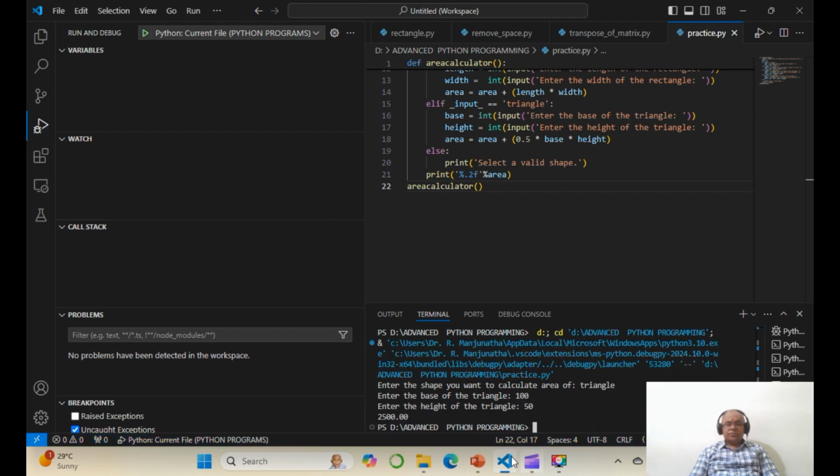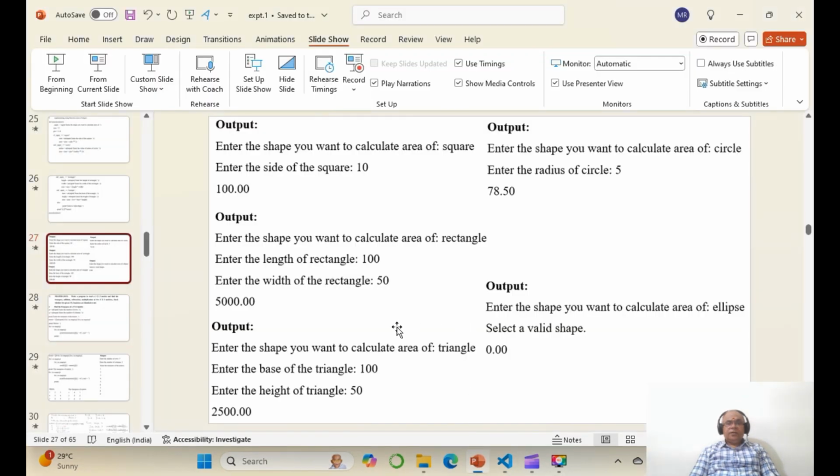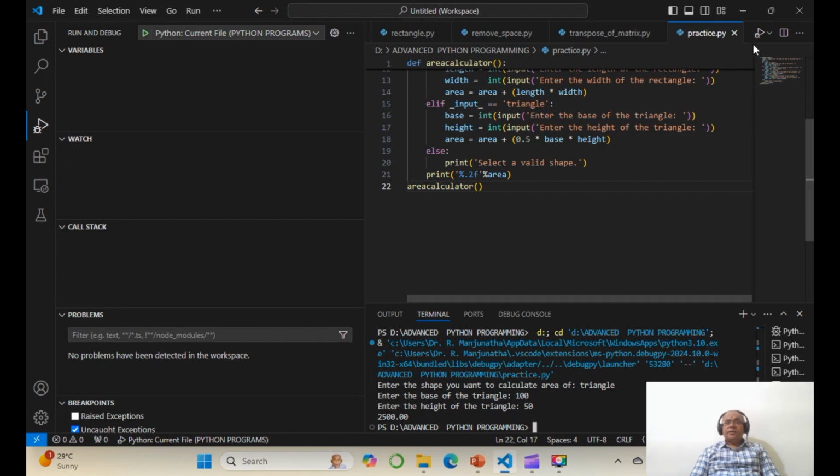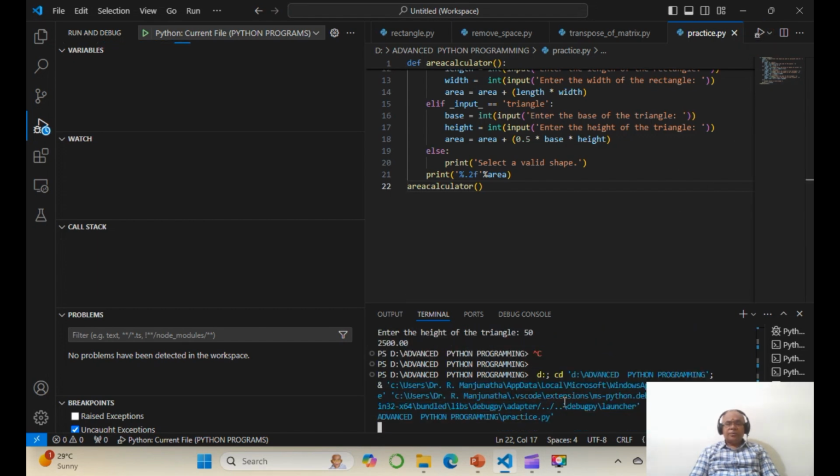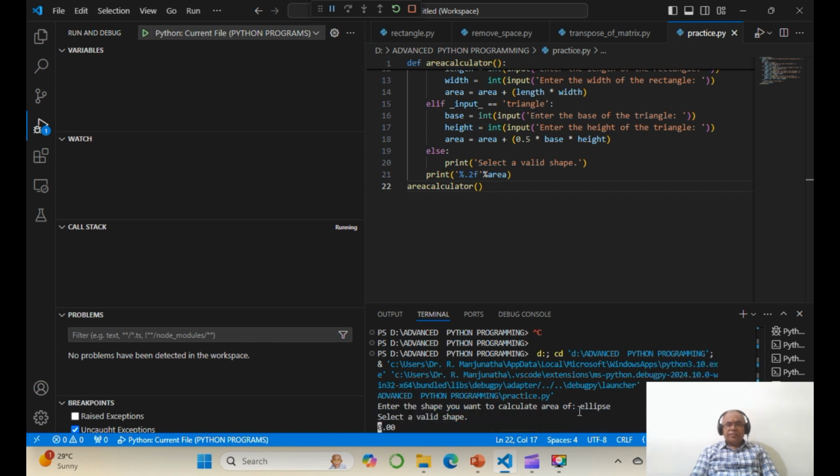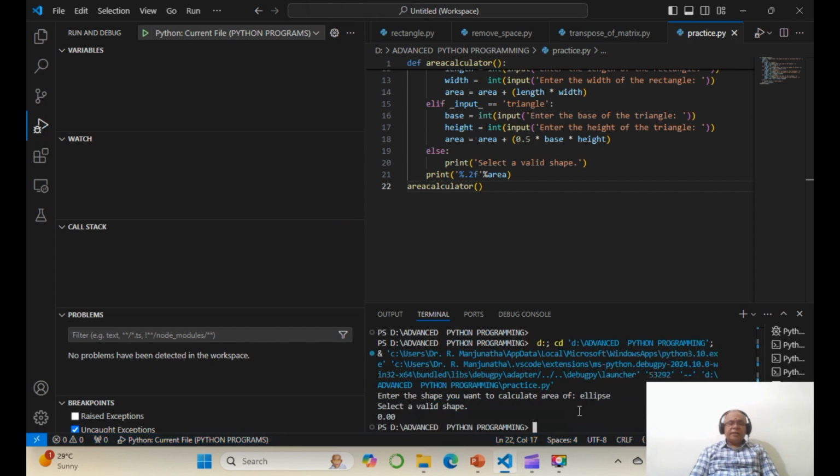So you're going to get 2,500. Now we go for an ellipse, the last one. You will say ellipse. So you're going to get invalid shape, and it will be 0.00.